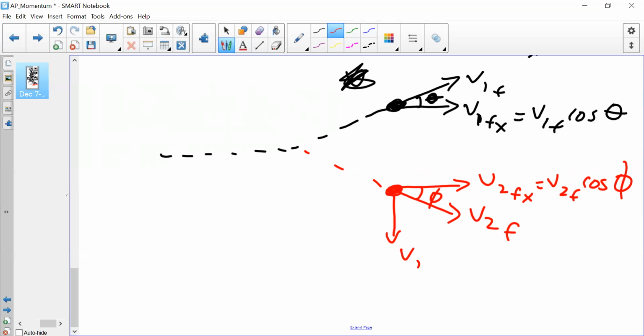So we have V2F sine theta, and then this one up here is going to be likewise.